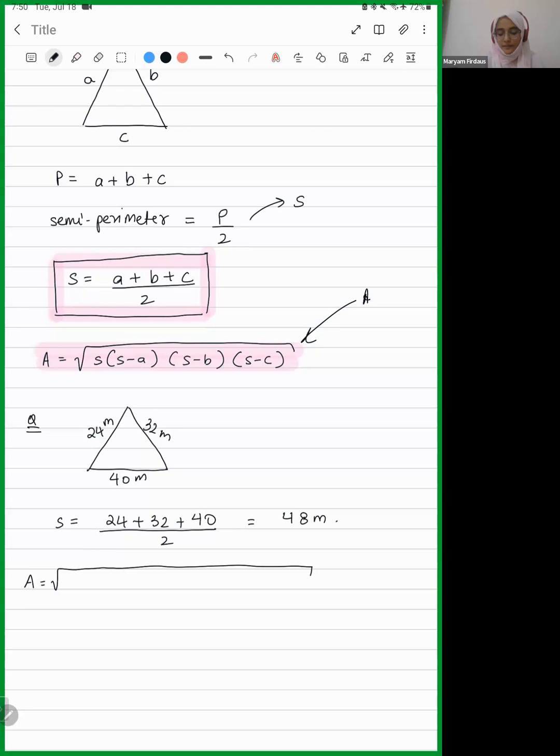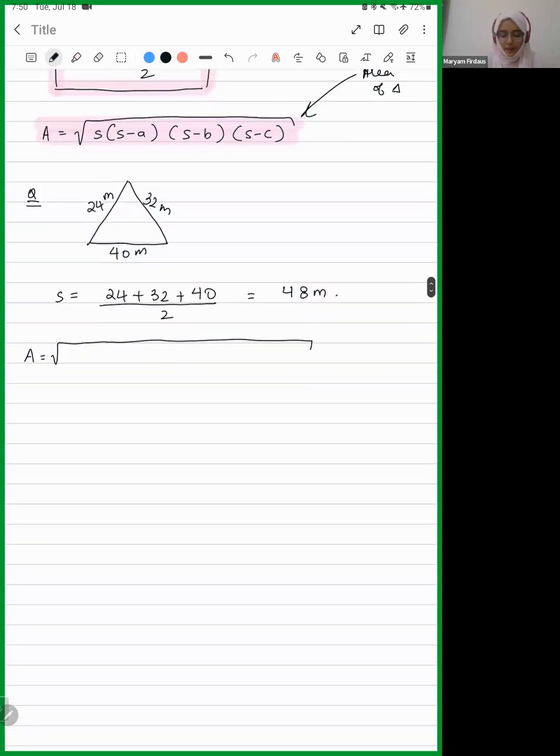Area of triangle. Now, quickly tell me, what should I write here now? S is 48, multiplied by 48 minus 24. What's 48 minus 24? 48 minus 24 is 24.